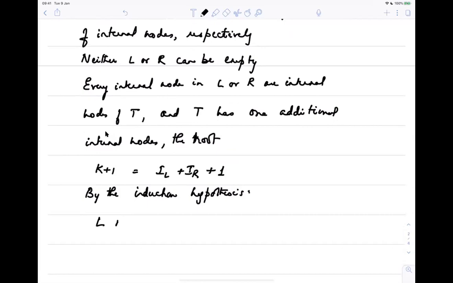By the induction hypothesis, L must have IL plus 1 leaves and R must have IR plus 1 leaves.